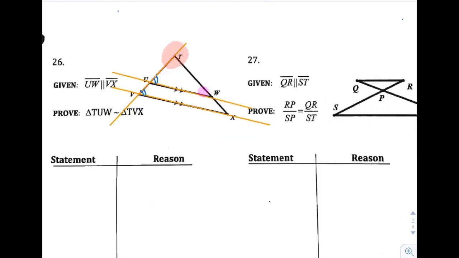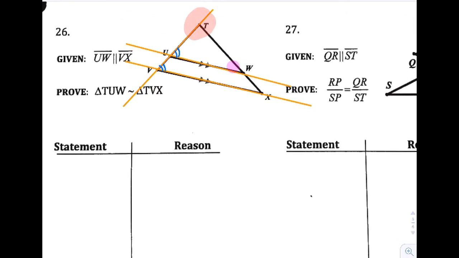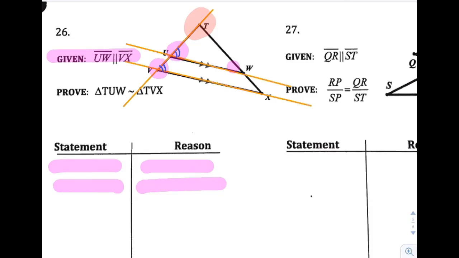So the first thing you're going to write is your given. You're going to say UW is parallel to VX, given. Then you're going to tell me that angle U is congruent to angle V because corresponding angles are congruent. You could also say angle W is congruent to angle X because corresponding angles are congruent.